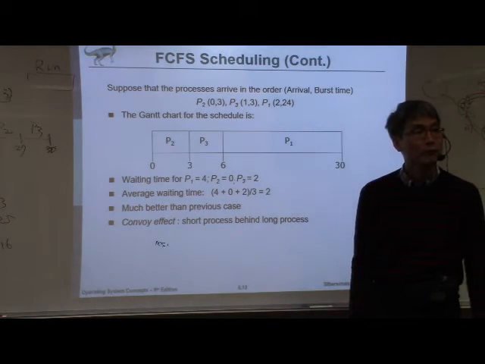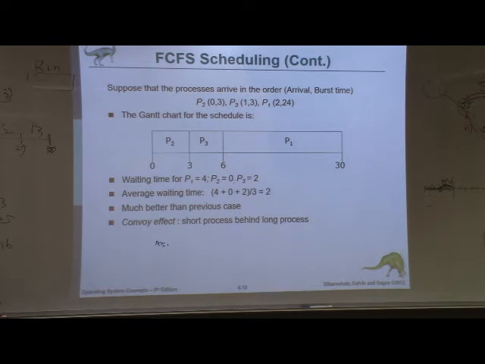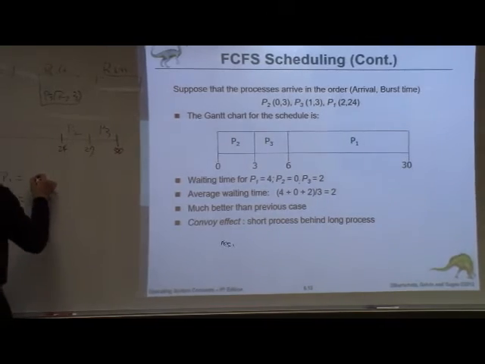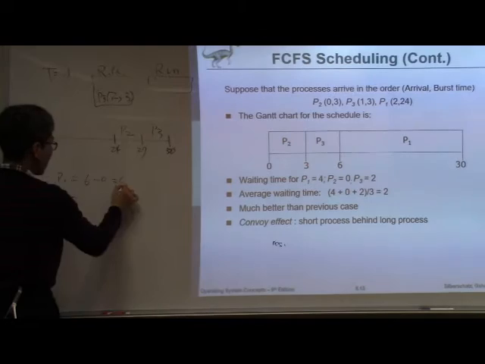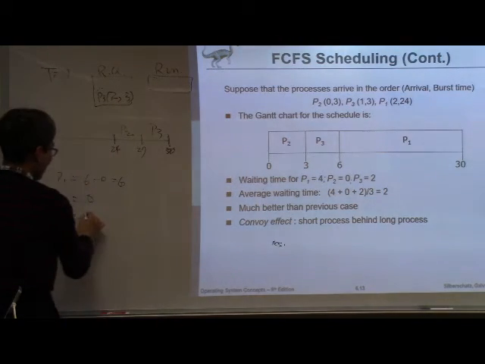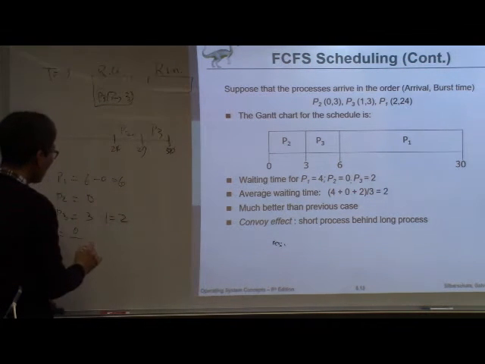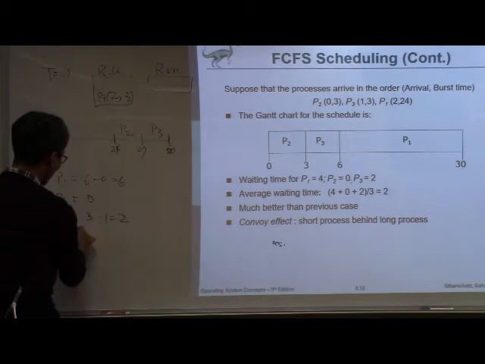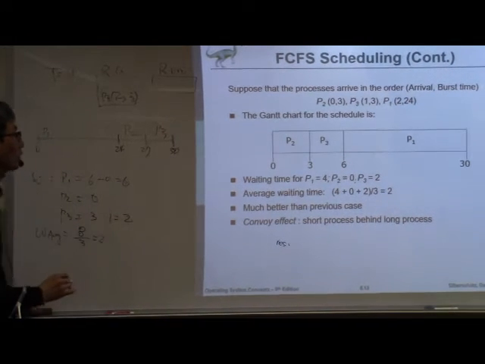You can understand easily. Then what is the average waiting time? P1 started at 6 and arrived at 0, so it's 6. And P2 is 0. And P3 started at 3, arrived at 1, so it's 2. So total 6 plus 2 is 8, divided by 3 is 2 point something, right?